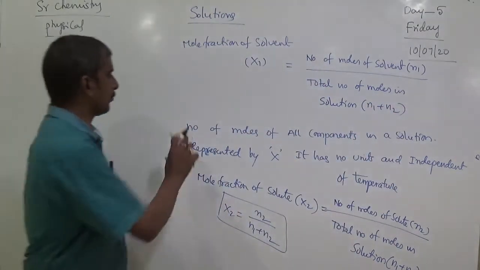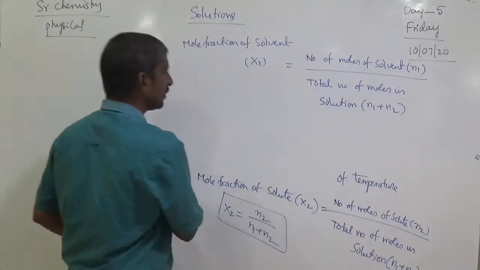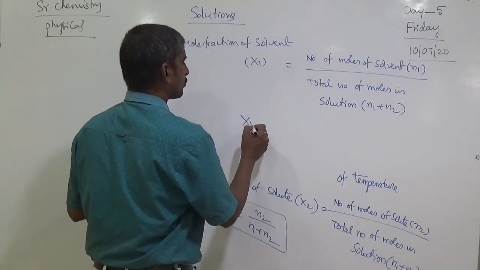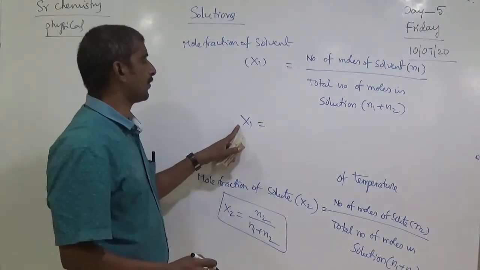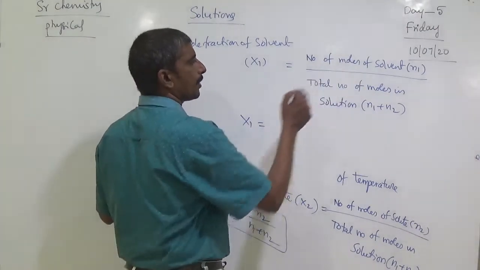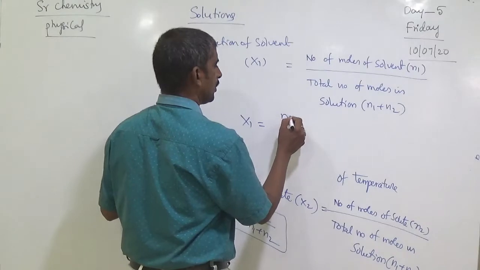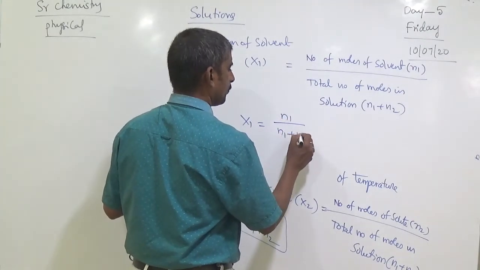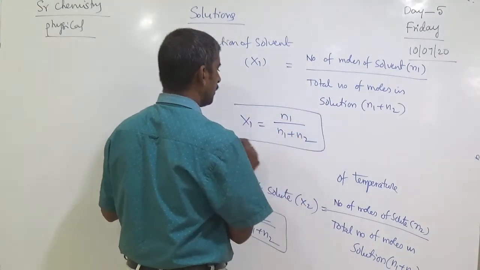Finally, the simple formula: x1, the mole fraction of solvent, equals N1 by N1 plus N2. That is a mole fraction.